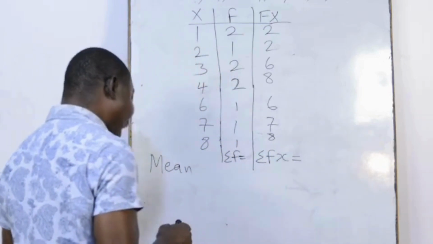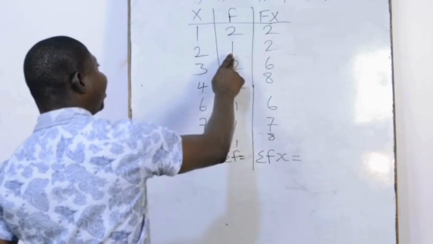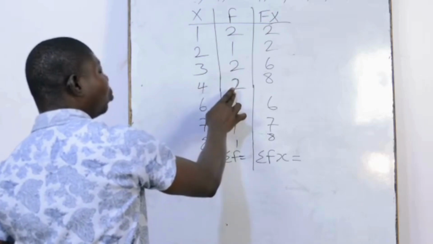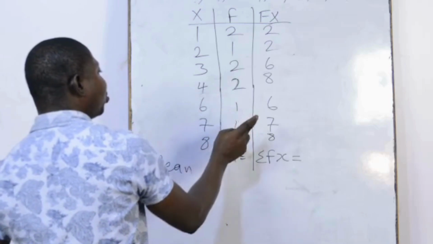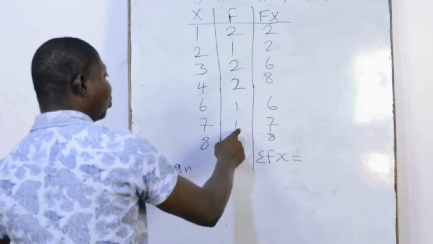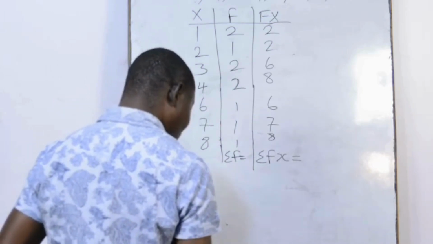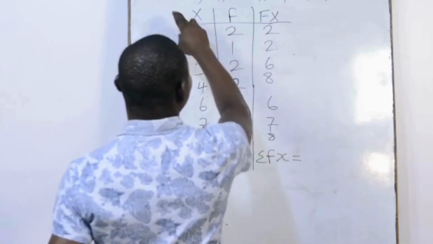If we add everything together, 2 plus 1, that will be 3. 3 plus 2 will be 5. 5 plus 2 will be 7. 7 plus 1, 8. 8 plus 1, 9. 9 plus 1, 10. So we have 11. Again, let's check.